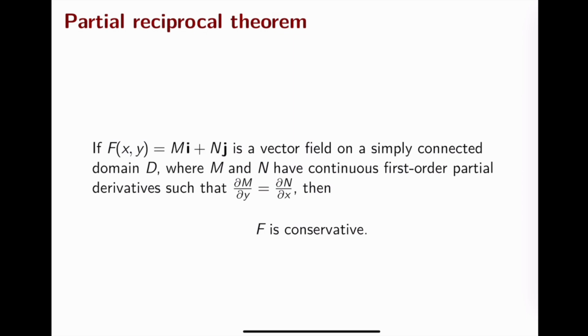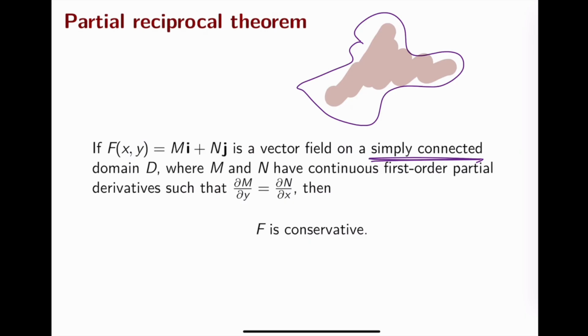Well, what we are going to say now is that the reciprocal is also true in case the domain is simply connected. So if we have a domain like this, which is simply connected, we can say also that the reciprocal is true, that if the vector field satisfies that these two things are the same, then it's going to be conservative.